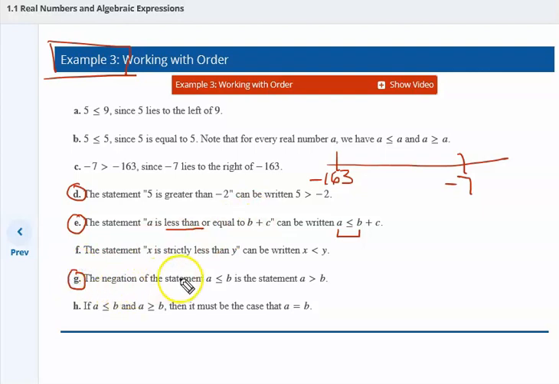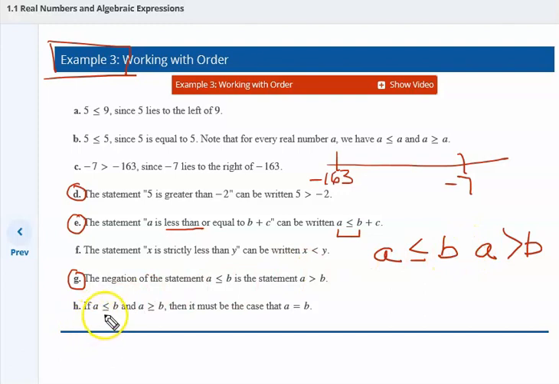Now, the negation of a statement, this is kind of interesting. If we say A is less than or equal to B, to negate that, to make it the opposite, we would say that A is greater than B. You would not use the greater or equal, because here this is A equals B. So this is sort of a unique thing you need to note.